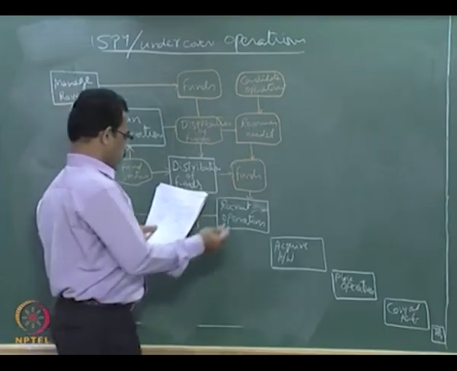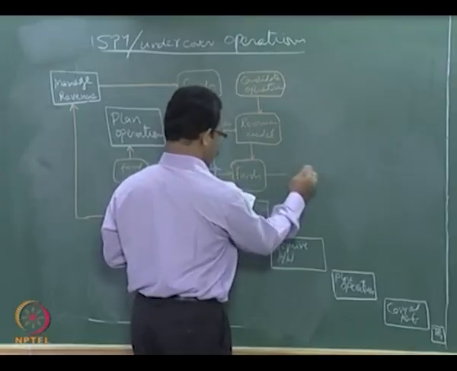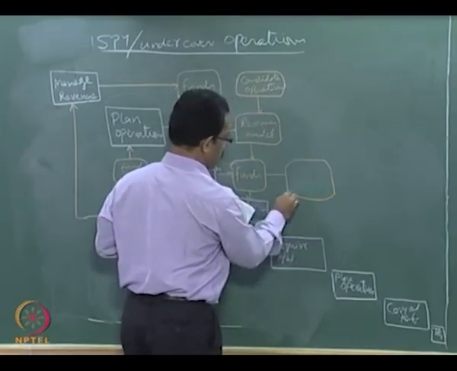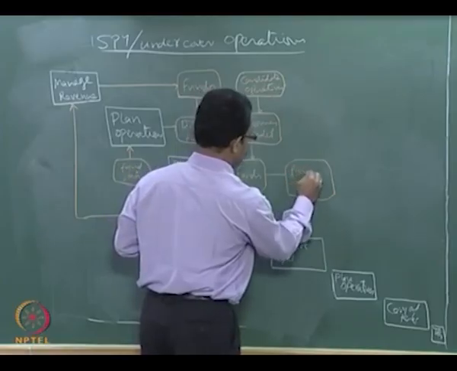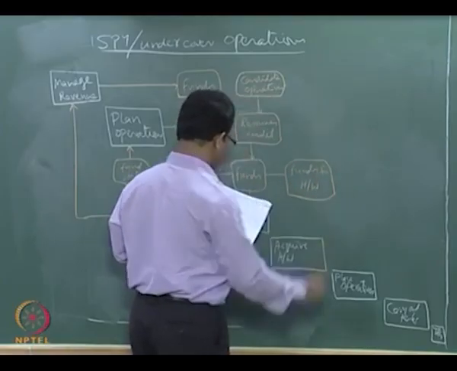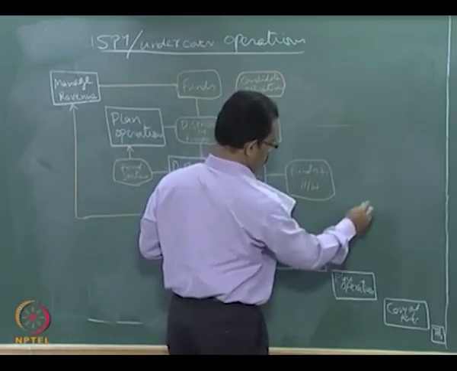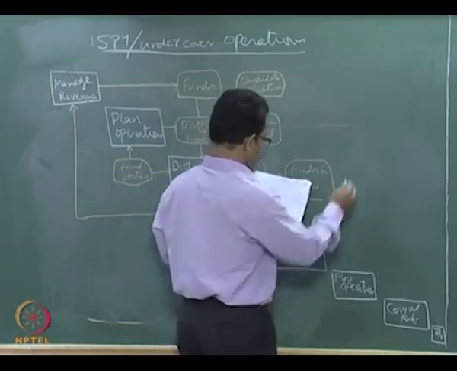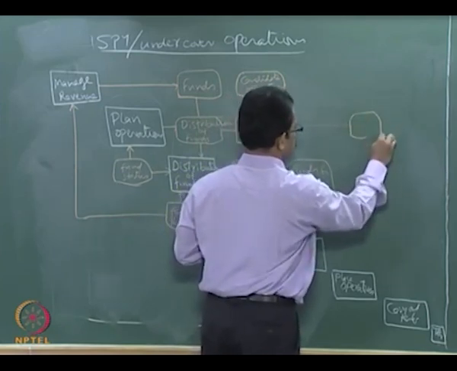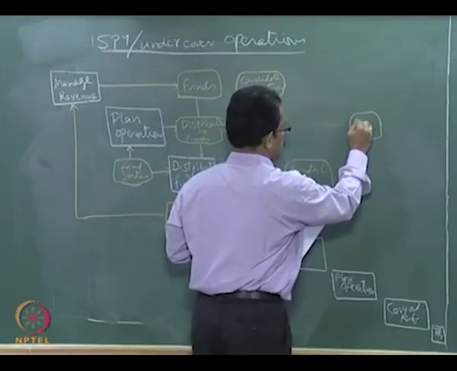Similarly, the supply funds here, and then funds for hardware. So for acquiring the hardware, you have to provide funds, and funds for hardware will be provided. And then there will be the planning of the action, the plan for the activities for the spy work or whatever may be the undercover operations. So this is the planning.